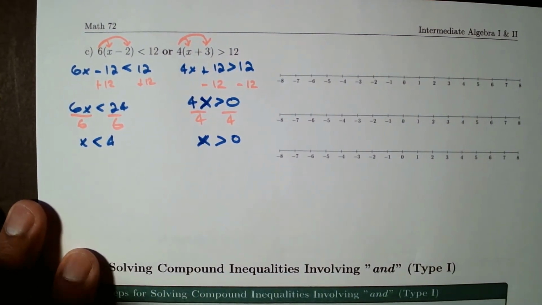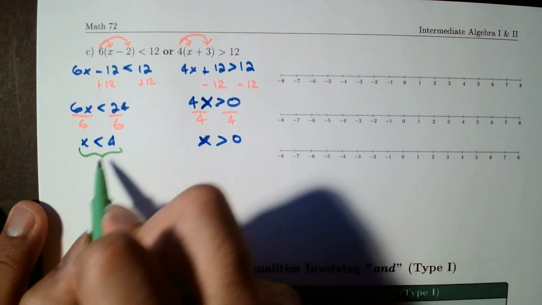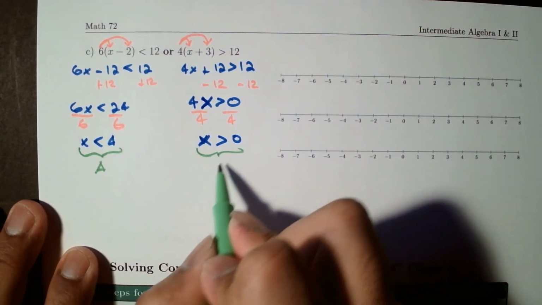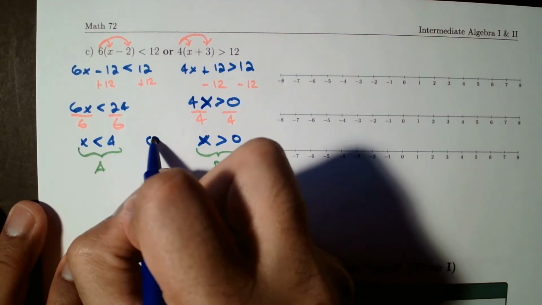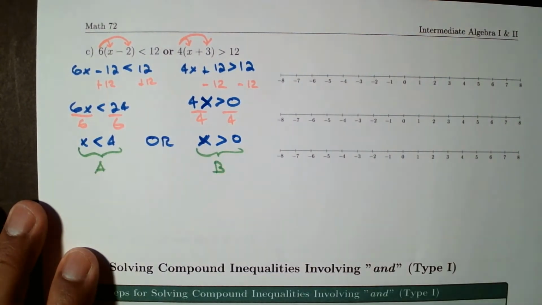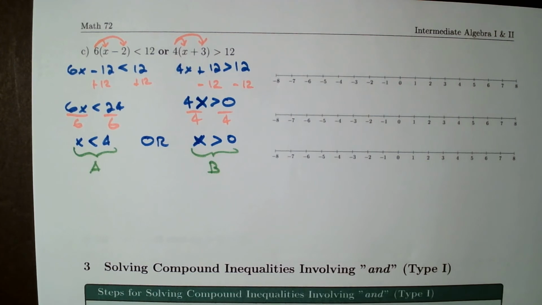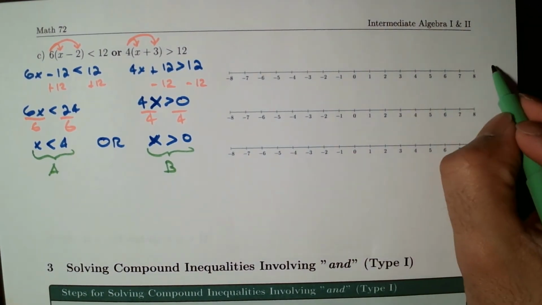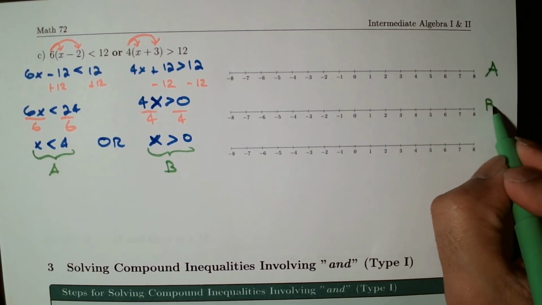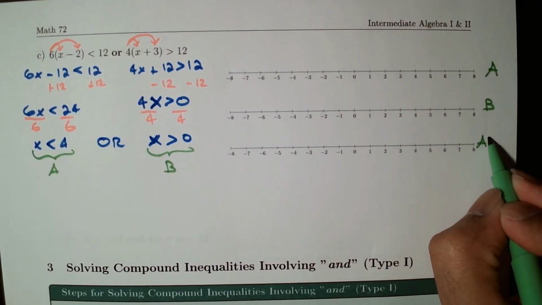Again, it's a good idea to label this as A and B respectively. And don't forget that we're doing an OR operation. We're looking for the union of two sets.